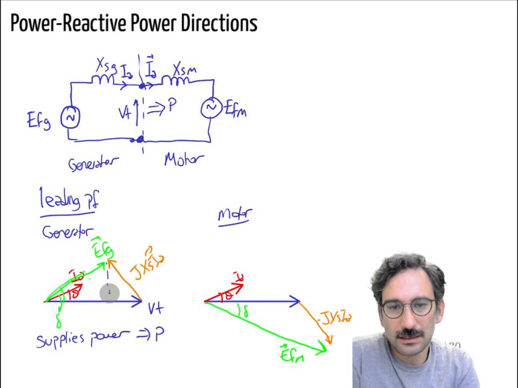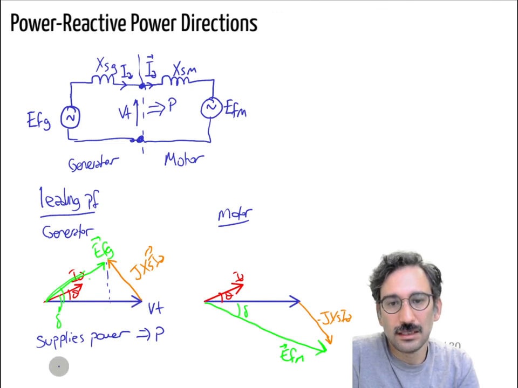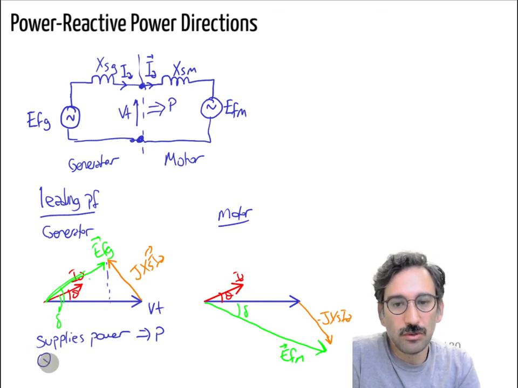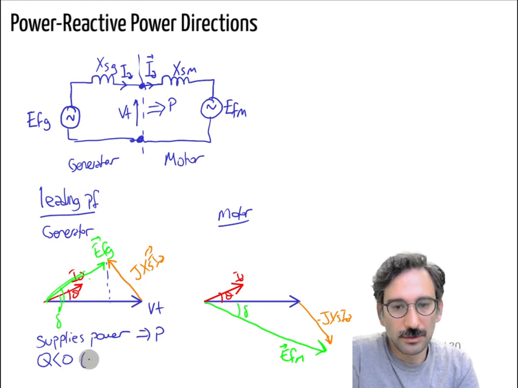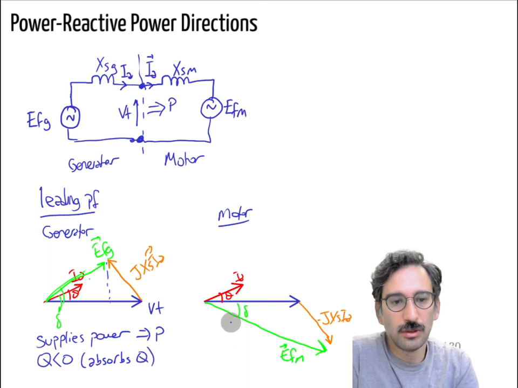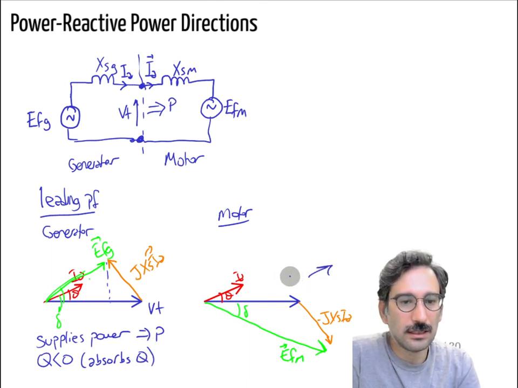But in this case, EFG cos delta is less than VT. That means Q in this one is less than 0, so this one absorbs Q.